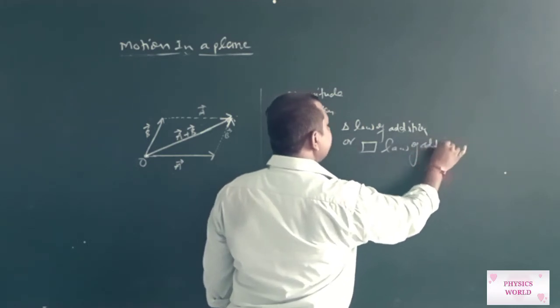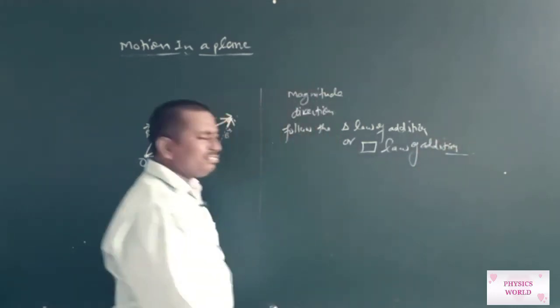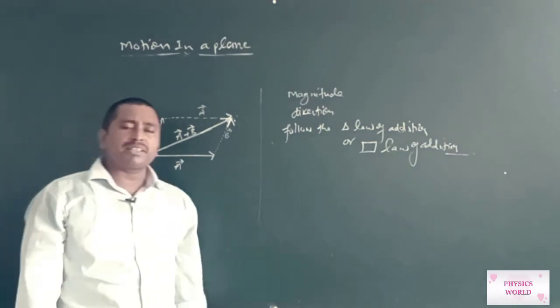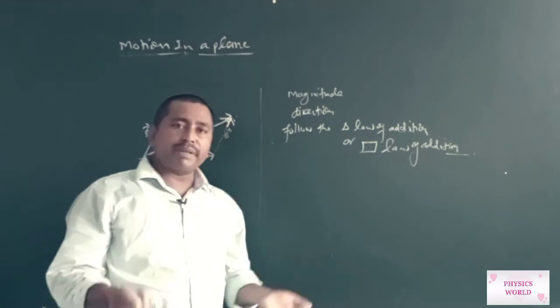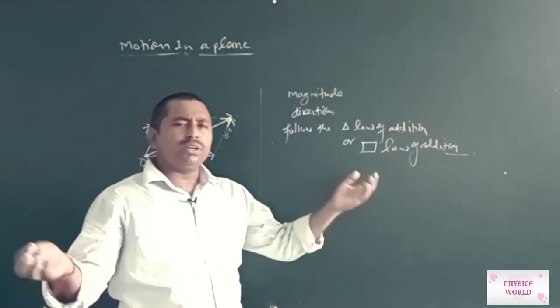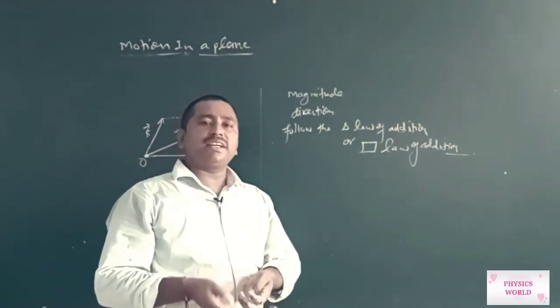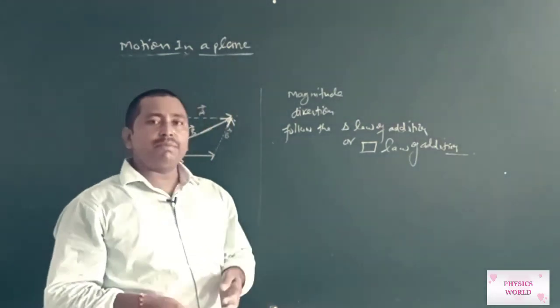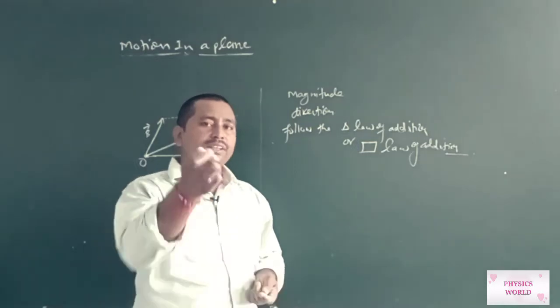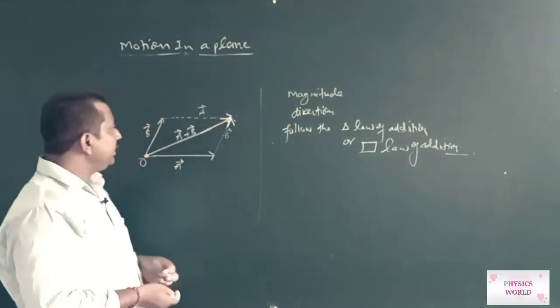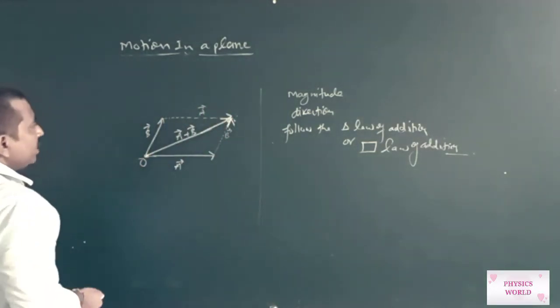Okay, so this is the definition of a vector. There are different types of vectors: displacement vector, position vector, equal vector, unequal vector, opposite vector, perpendicular vector. All these types of vectors were mentioned in my earlier video. I will send the link of that earlier video in this video. You can see that lecture.